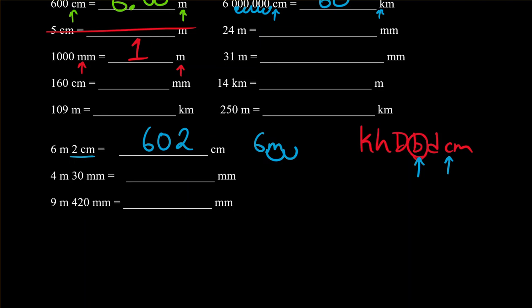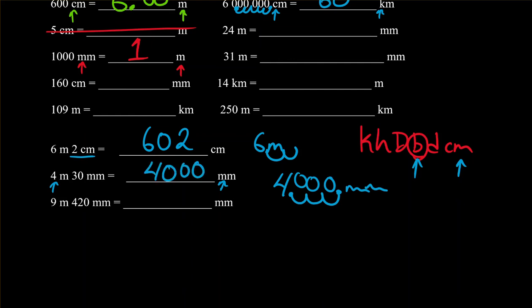So it's really not that complicated. You're just adding on a little tiny amount at the end. Same thing here, 4 meters into millimeters. If we're starting at meters and we want to go to millimeters, that's 3 to the right. So 4 meters, 1, 2, 3 to the right is 4,000 millimeters, but since I'm adding on 30 at the end, it's 4,030 millimeters.